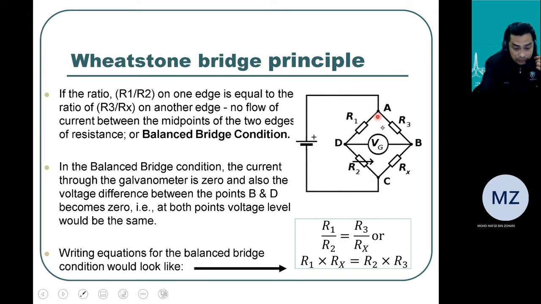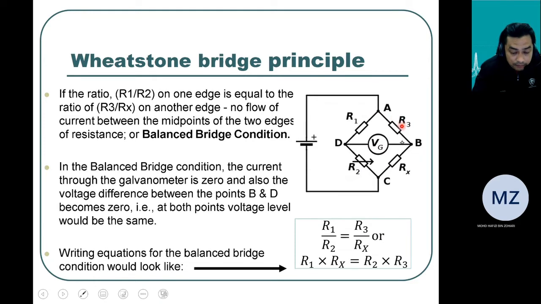The most important, if we have this circuit, you have to memorize the circuit. So R1, R2, look at the way the Vg is crossing here. R1 here and R2 here. Maybe some people put R3 here and R2 here.